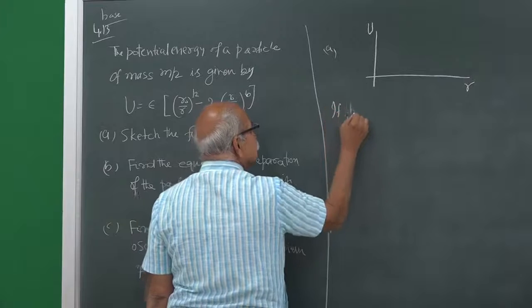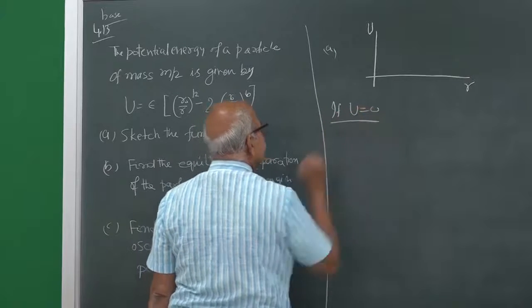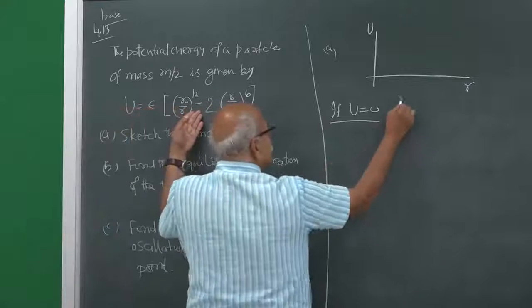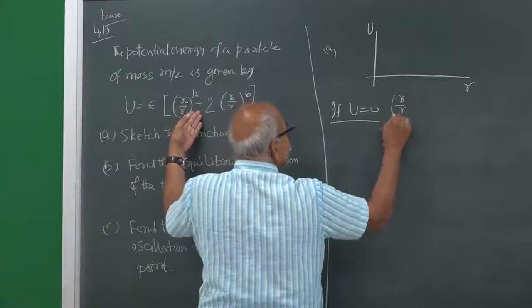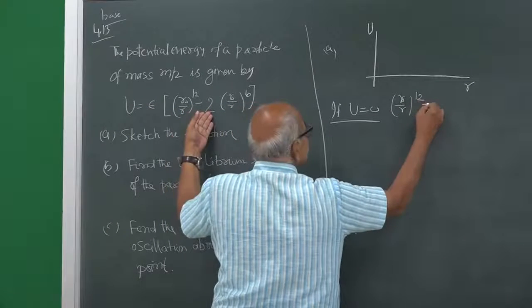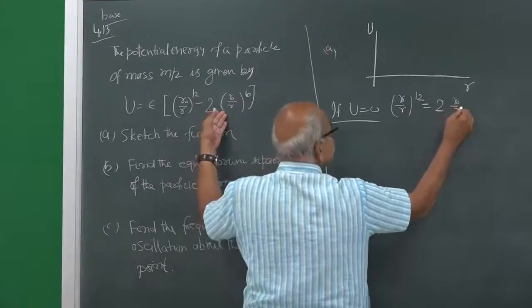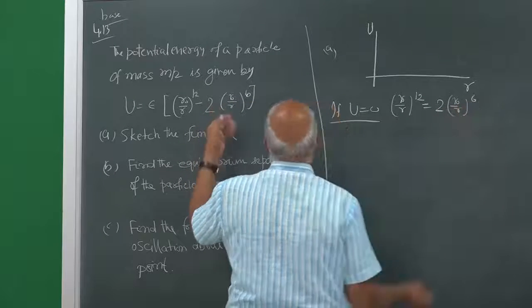If u is equal to 0, that means (r naught by r) to the power 12 is equal to 2 times (r naught by r) to the power 6.